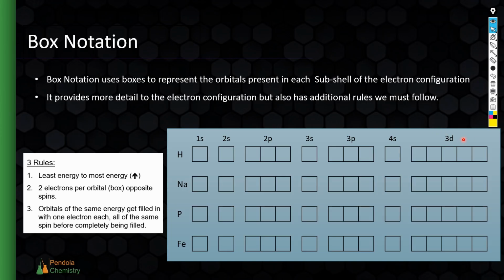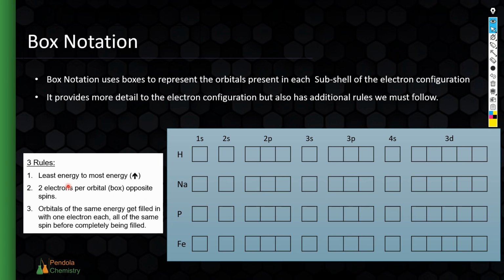And then the 3d sublevel has 5 boxes because we have 5 orbitals in the d sublevel. So we're still going to follow the same general rules. However, we're going to add some rules here. Number 1 is that, hopefully, as we know from prior sections, an orbital can only hold 2 electrons.